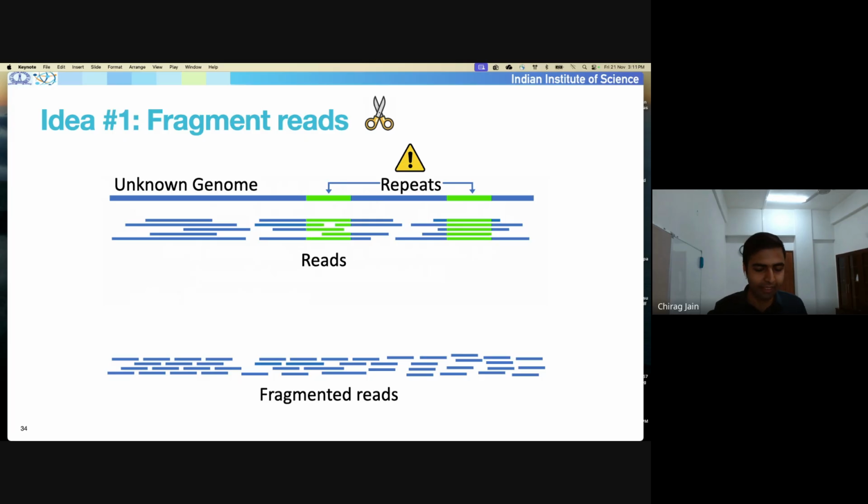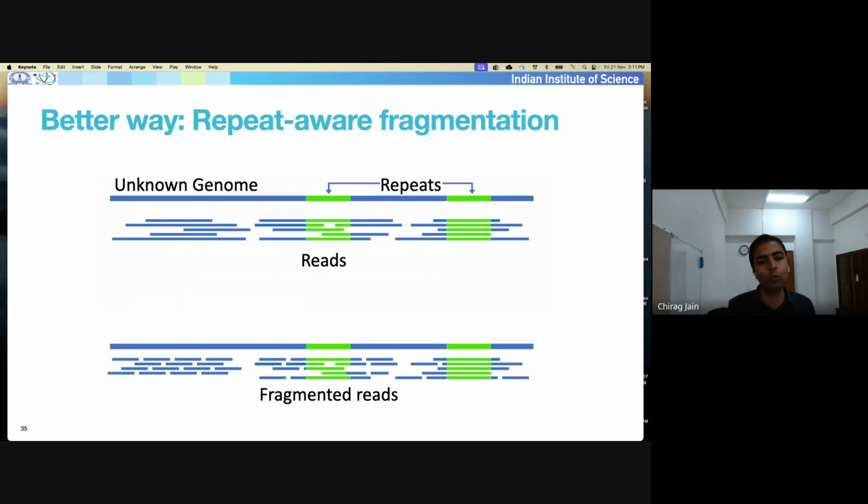So how do we address this? The heuristic that we gave in the paper was something called repeat-aware fragmentation. For every read, we predict whether it is spanning a repetitive region of the genome or not. And how do we do that?